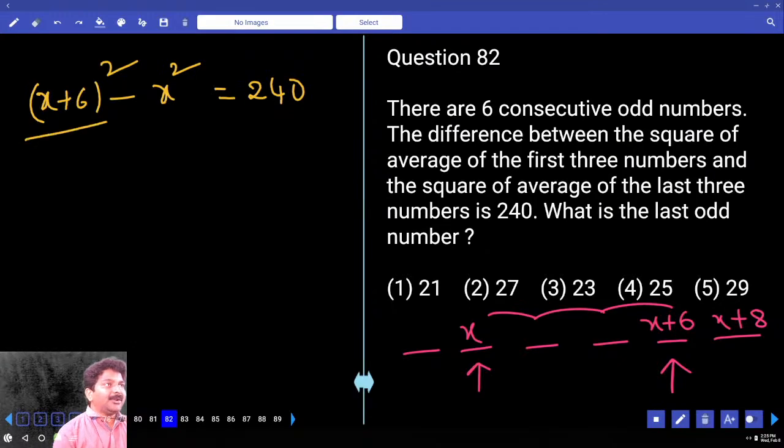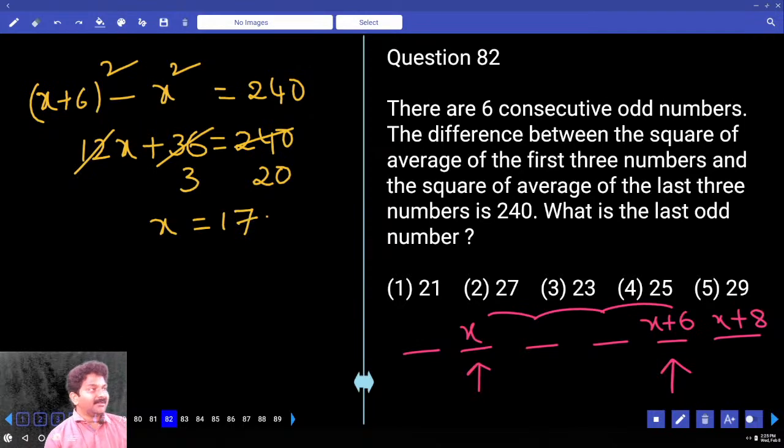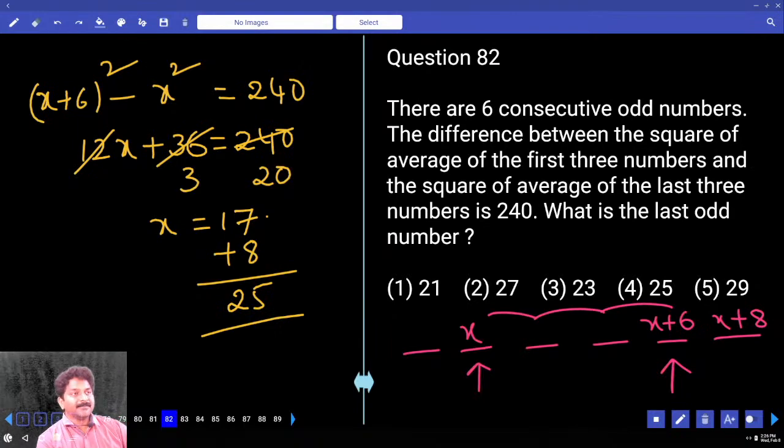Then what do you get? 2ab, which is 12x, plus b square is equal to 240. Take 12 common, 3 times, 20 times. x is equal to 20. Now the question is about the last odd number. We need to add 8 because last odd number is x plus 8. Answer 28.